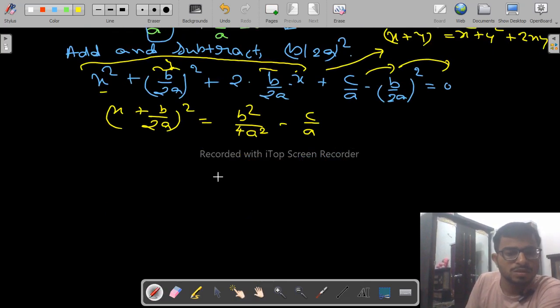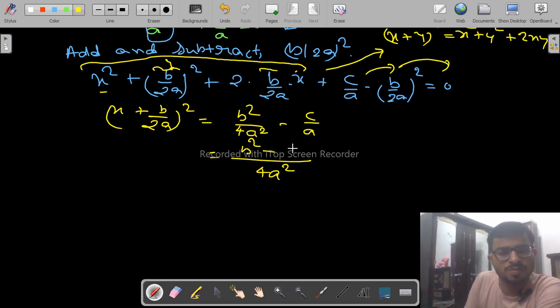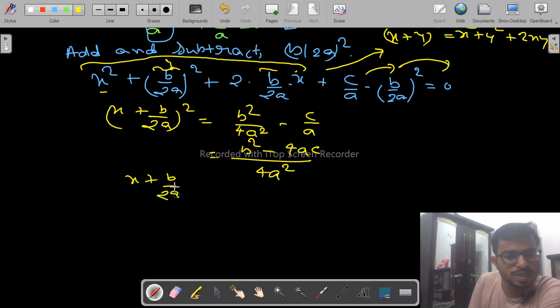Right? Now let us take the LCM of this term. This will become 4a square, and this is b square only, and here when you divide 4a square by a, you will be left with 4a only, and when you multiply by c, this will become 4ac. And here this is x plus b by 2a, and this square term we will transport to the right hand side.